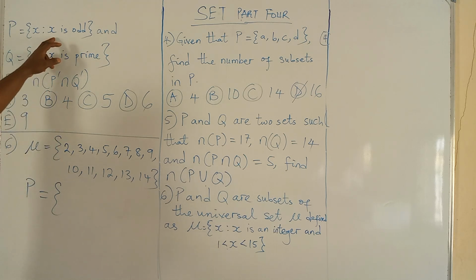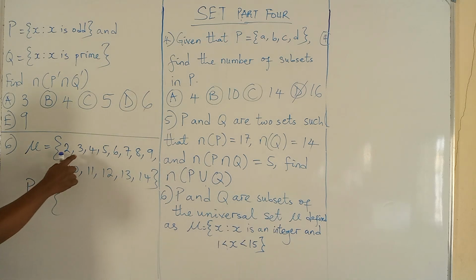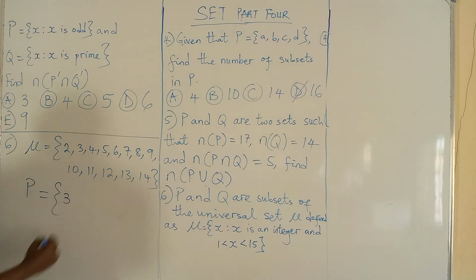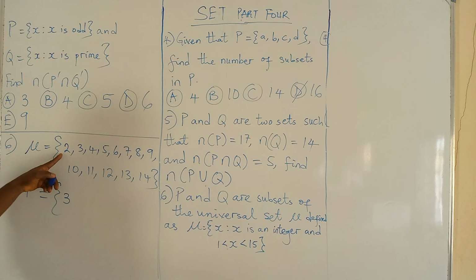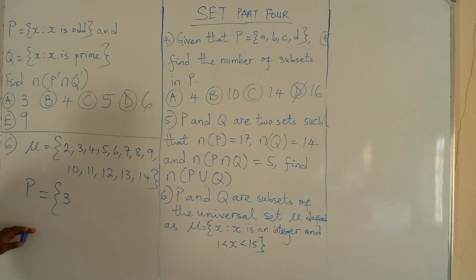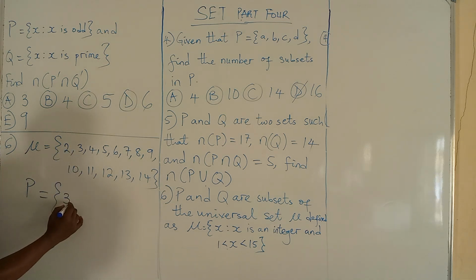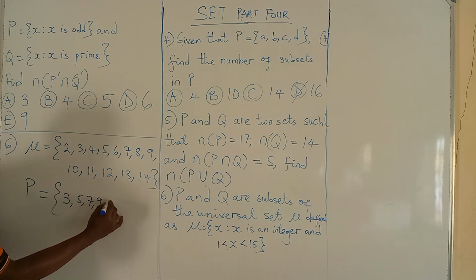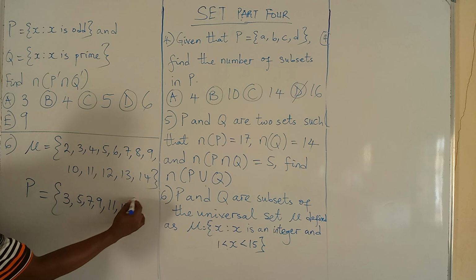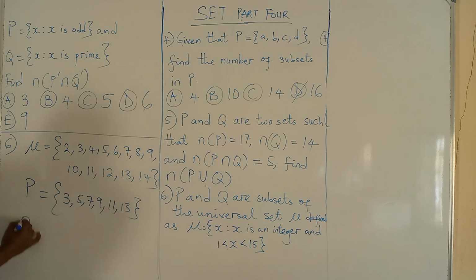So if x is an odd number, it will start from 3 because 1 is not in the universal set, so you cannot include 1 in the set P. So the first odd number in the universal set is 3. So we have 3, 5, 7, 9, 11, 13, that's all.